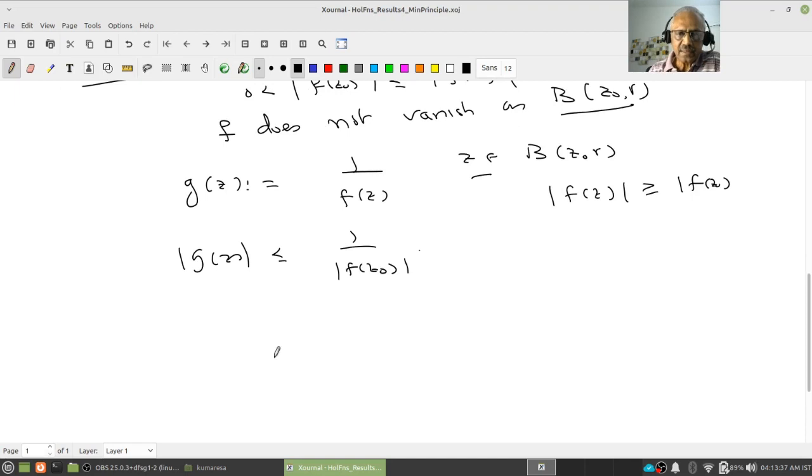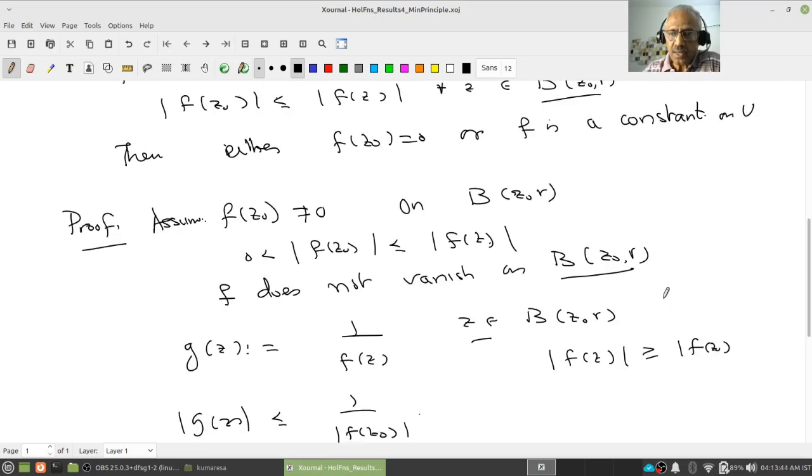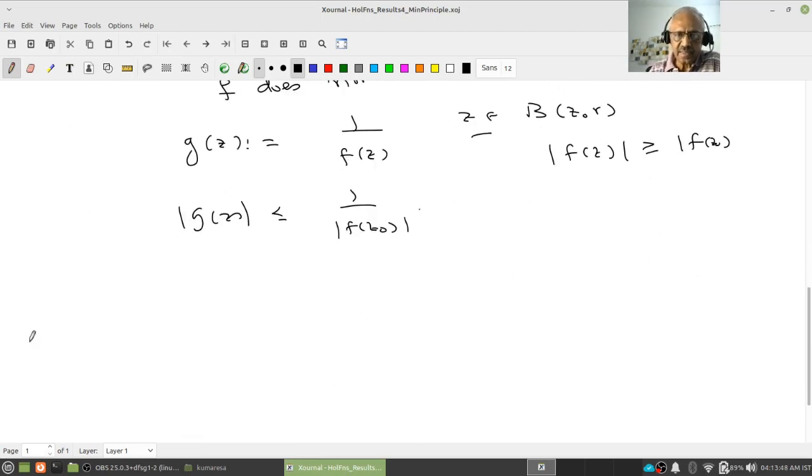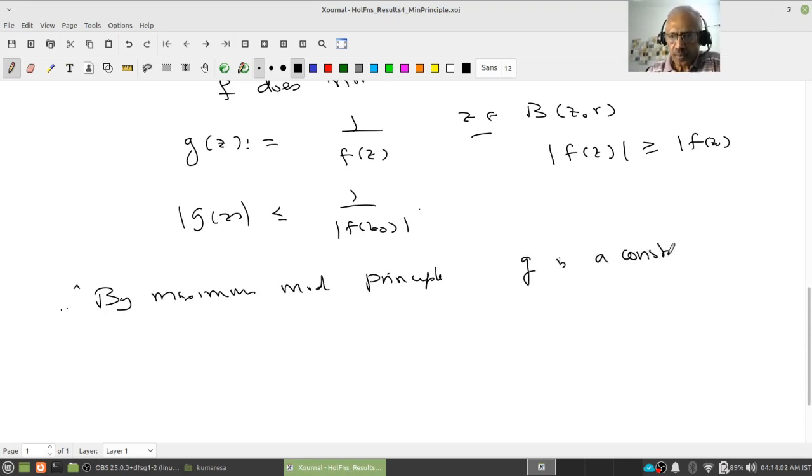Therefore, that means z0 is a point of local maximum for mod g on the open set B(z0, R). Therefore, by the maximum modulus principle, g is a constant on its domain, and the domain is only B(z0, R).